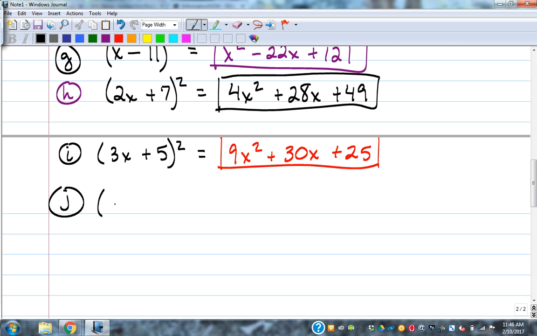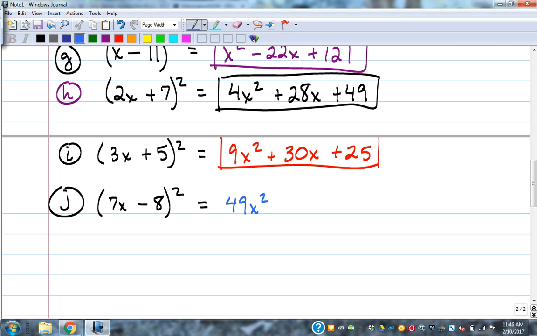Maybe let's try this one. 7x minus 8. Put a minus sign in there. So we've got to be careful. What's in the front? 49x squared.